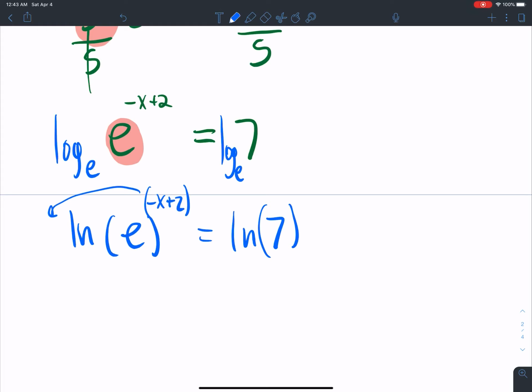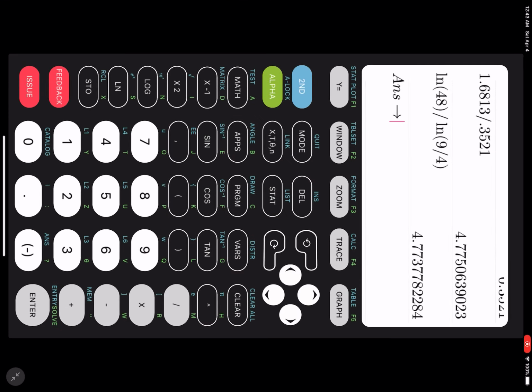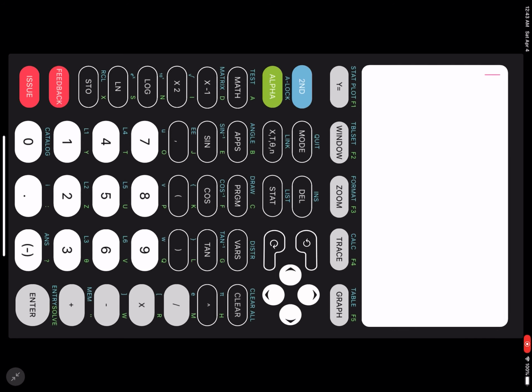And so what happens to my exponent? The exponent comes out front. So that's negative x plus 2 times ln e equals ln 7. Well, guess what? ln e, if you type that in your calculator, those are inverses of each other. So ln of e, let's just do the second e button. That's just 1, as you can see there.